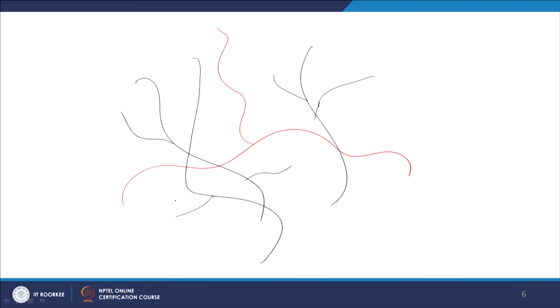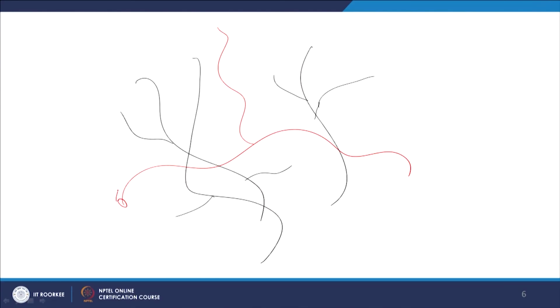Now if I draw a tube, then of course the tube will not be just one tube, it will be like two tubes corresponding to the two arms. One is this tube and one is along the arm.